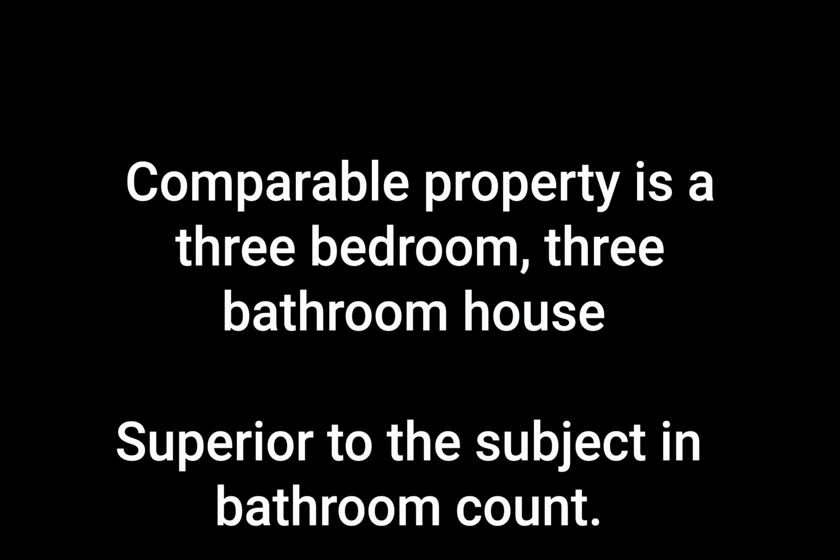Most people would go with the extra bathroom, right? So think of Robin Hood again, robbing from the rich and giving to the poor. Is that comparable rich or poor compared to the subject? If it has more bathrooms than the subject property does, then it's rich, it's superior, it's got more going for it there. And so we're going to rob from it. We're going to make a negative adjustment to that comp to bring it down to the level of our subject.